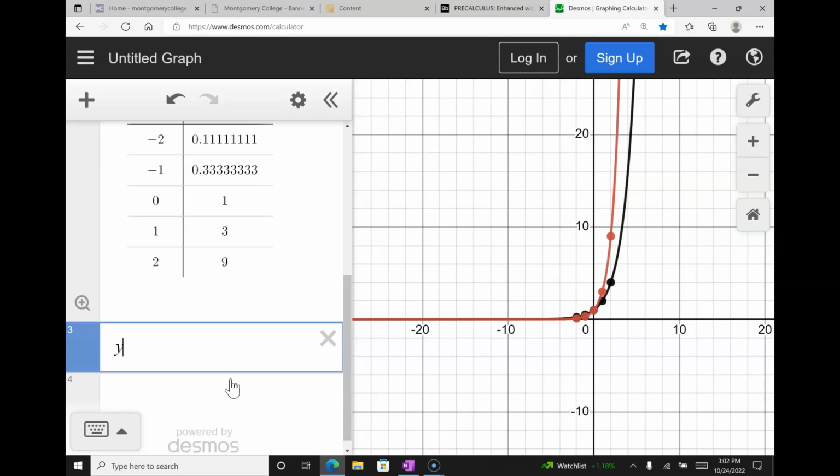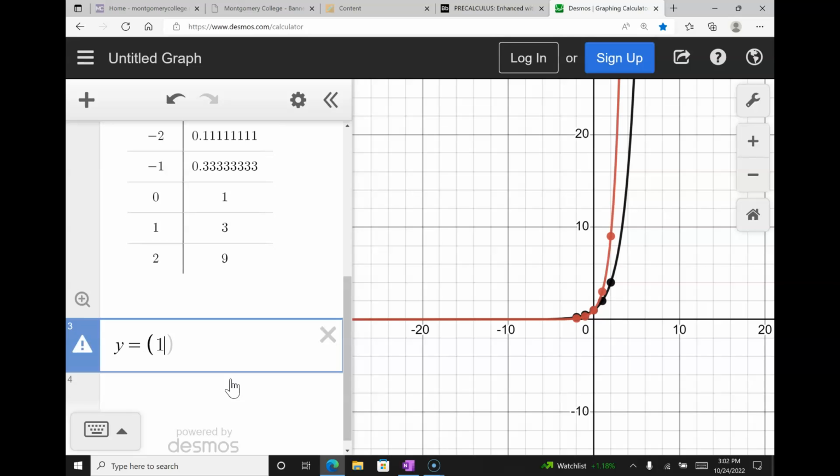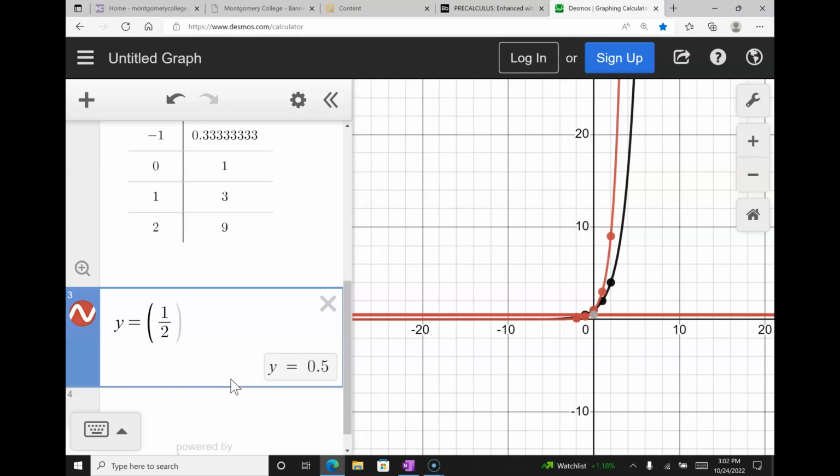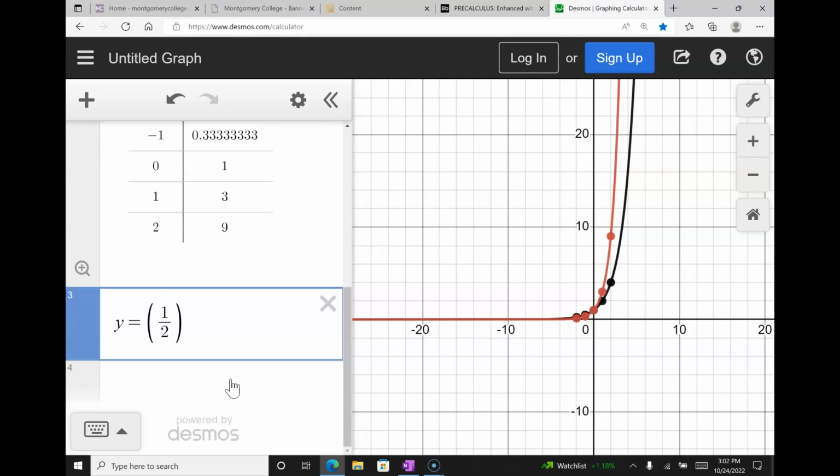But what if I had y equals 1/2 to the x? Look at what's happening. Why did it reflect that? So black is 2 to the x. The new red is 1/2 to the x.